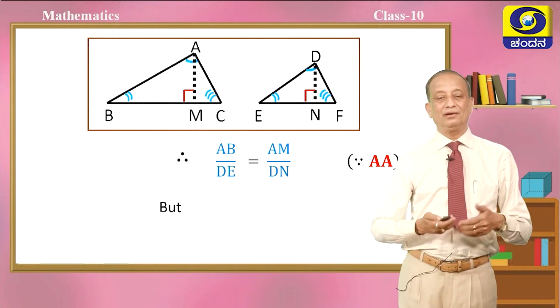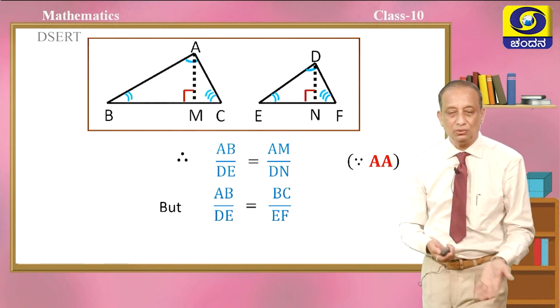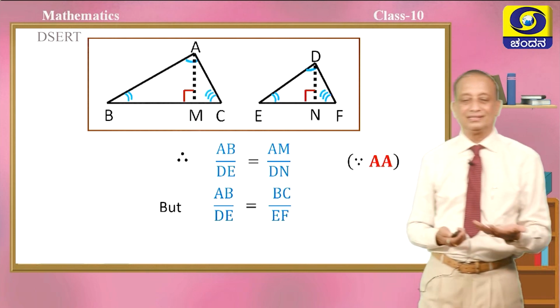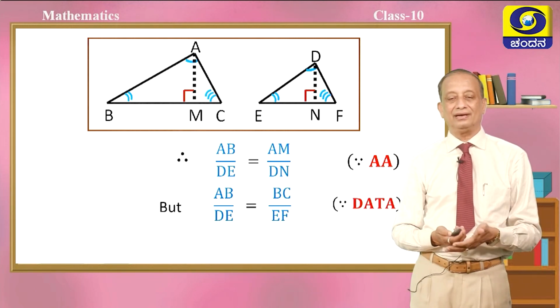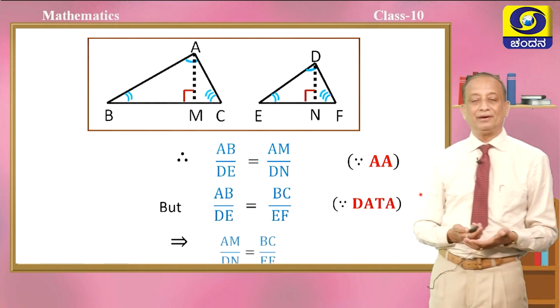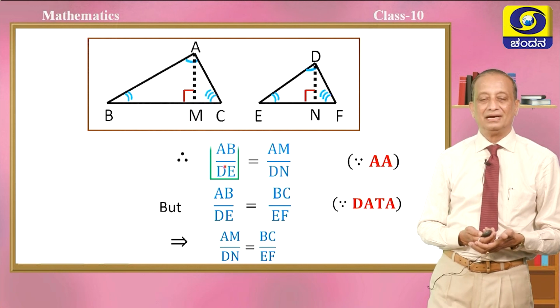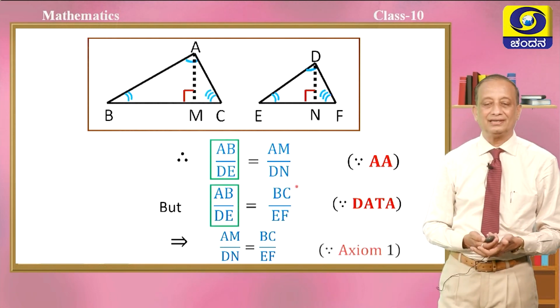But we already know that the same left hand side, AB by DE ratio, is already equal to BC by EF because they are equiangular. By data you can say that they are equiangular. So now compare the two left hand sides of the above two proportions, and can you decide that the two right hand sides are equal?